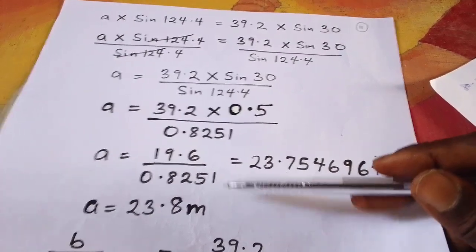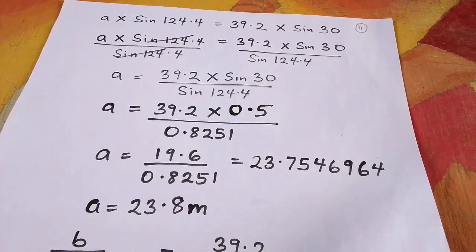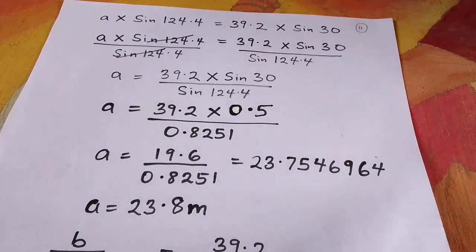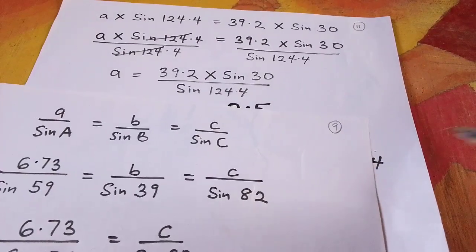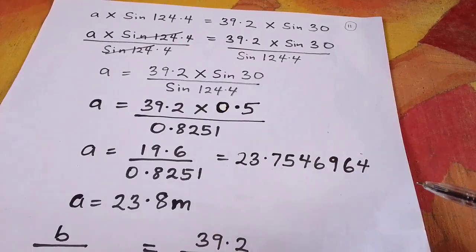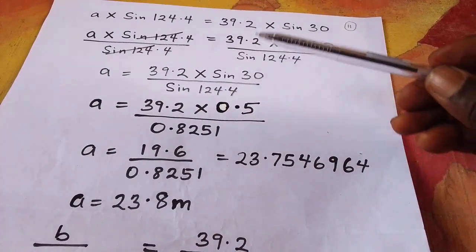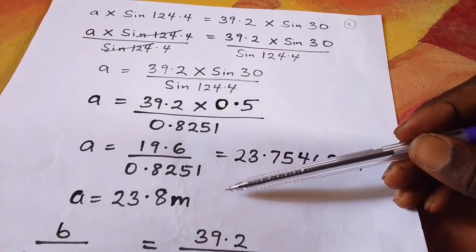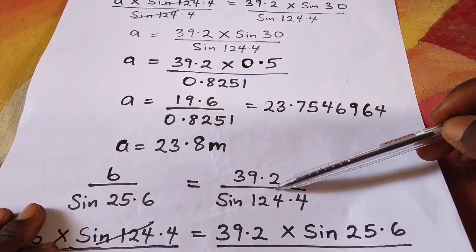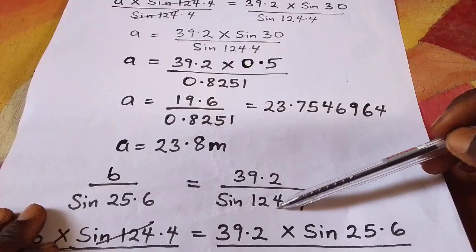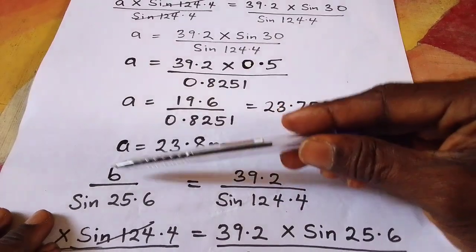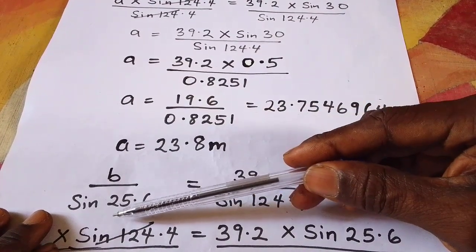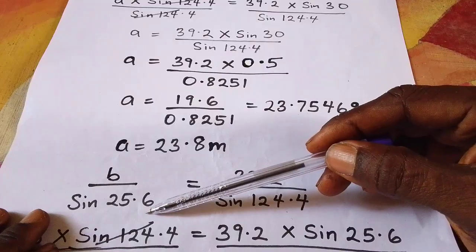Now we've been able to look for the value for A. Now let us look for the value for B. Again we are going to pick the complete ratio, which is 39.2 divided by sine 124.4. Then the ratio containing B is B over sine 25.6.